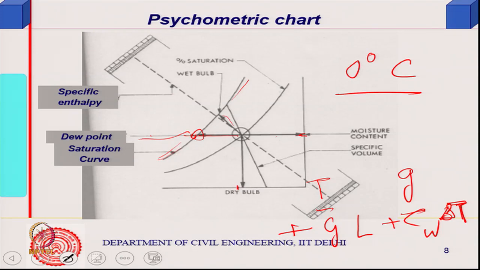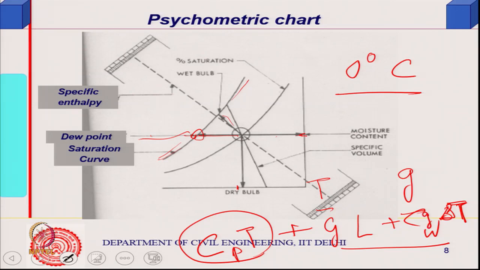Basically I have unit mass, specific heat of air, Cp, plus T. So, this is for the air part of it, and this is for the moisture part of it, into G, of course, Cw G into delta T, because for unit mass of air, G is the moisture content. So, Cw G delta T.